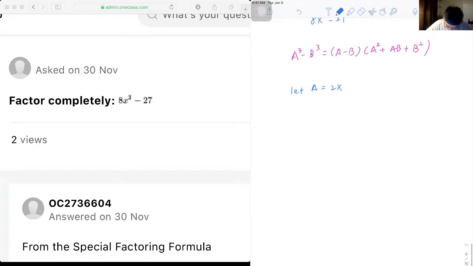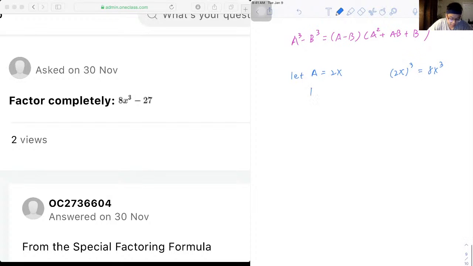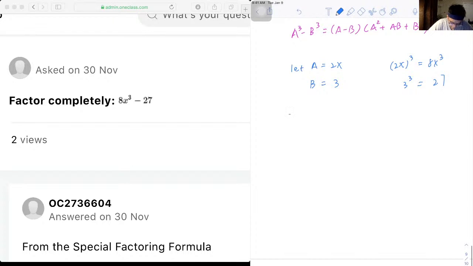And I'm going to let b equal 3, because 3 cubed is equal to 27. So we have 2x cubed minus 3 cubed is equal to 2x minus 3 times 2x squared plus 2x times 3 plus 3 squared.